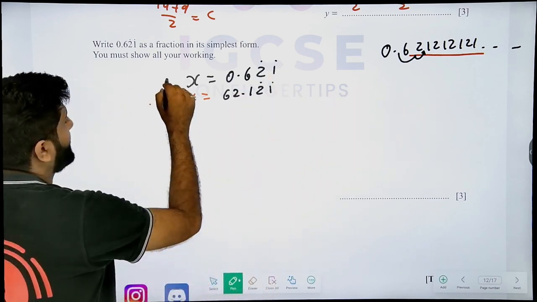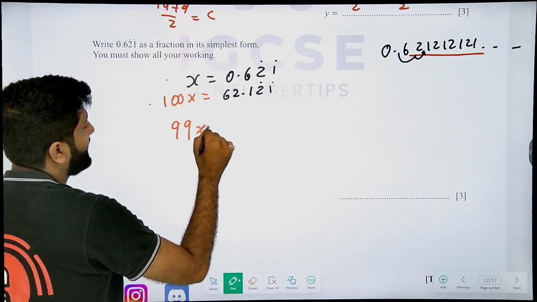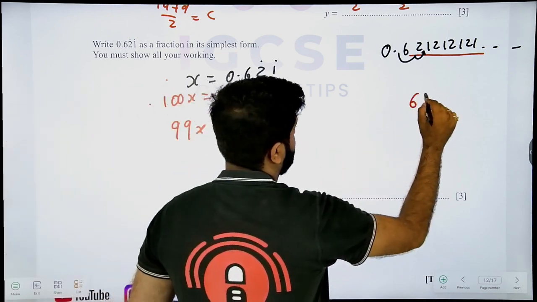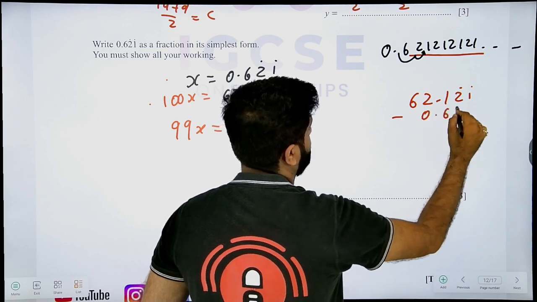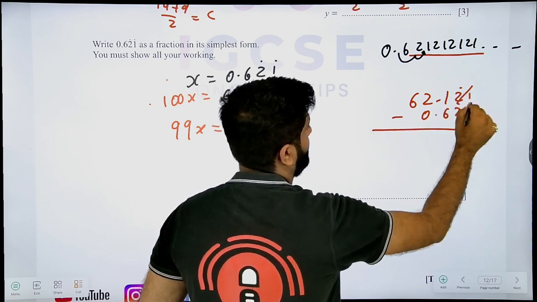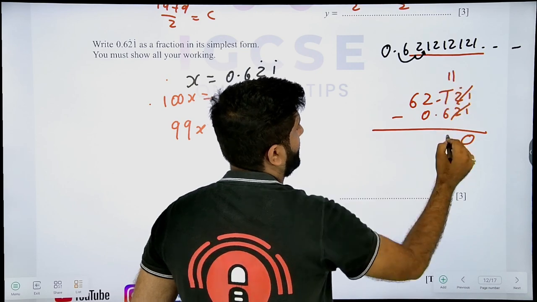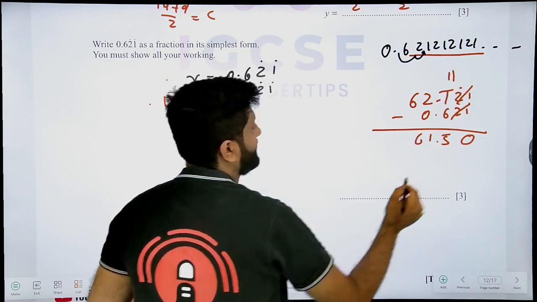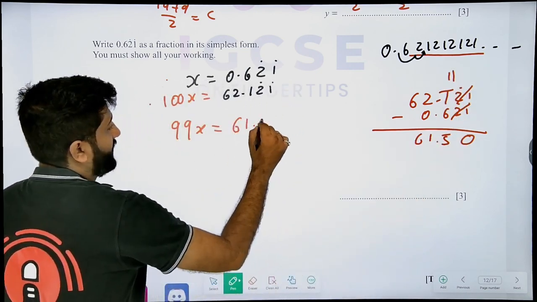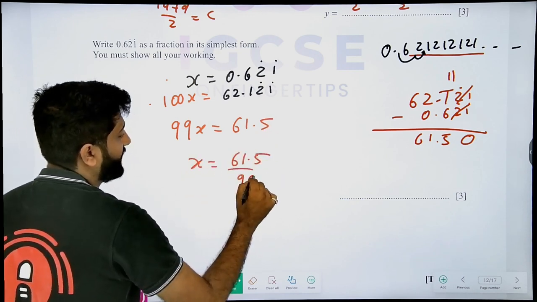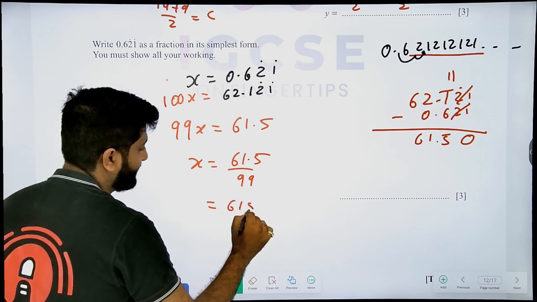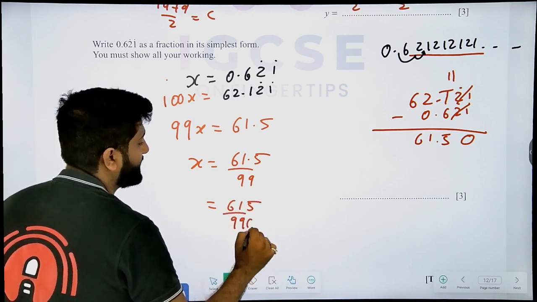So this is 100x minus 6, so you have 99x equals 62.1212 minus 0.6212. I'll eliminate all this repeating part. So you have 11 minus 6 is 5, and 61.5. So I write x as 61.5 over 99 or 615 over 990.